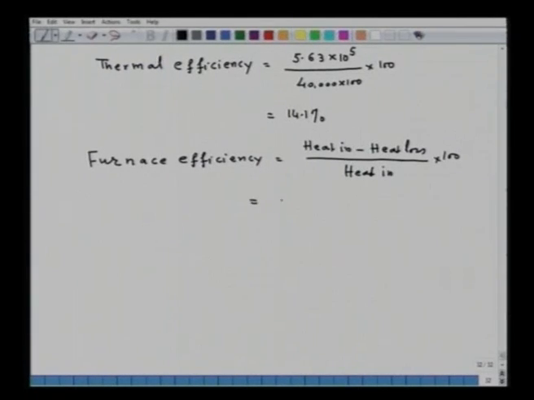Then it will be heat in, 4 into 10 to the power 6, minus 0.837 into 10 to the power 6, upon 4 into 10 to the power 6, into 100. So, this is equal to 79.1%.